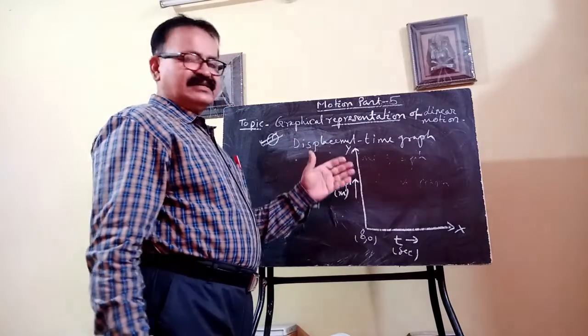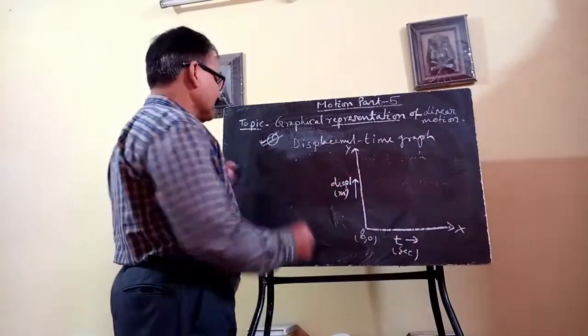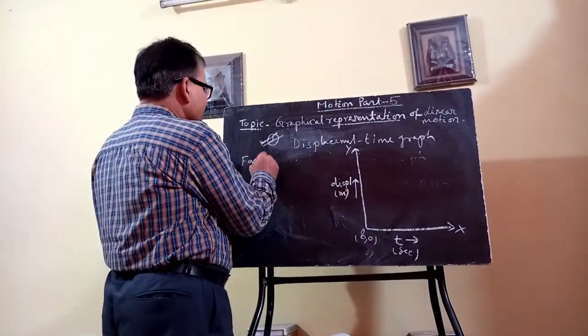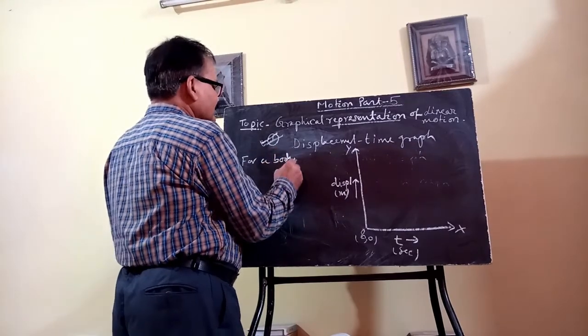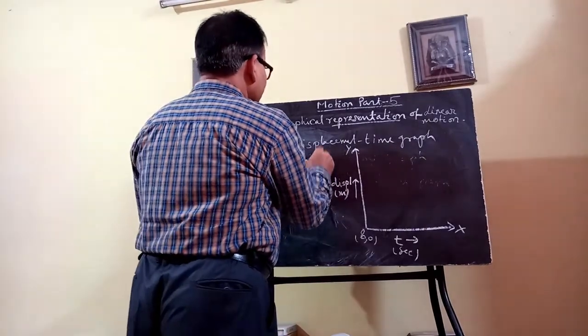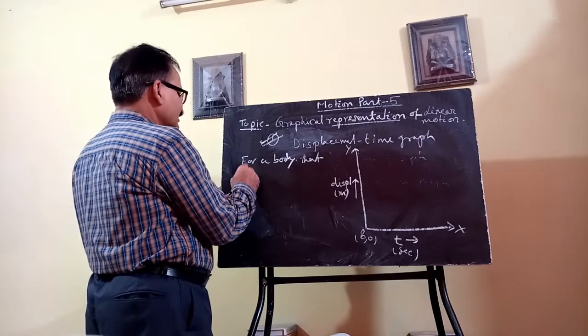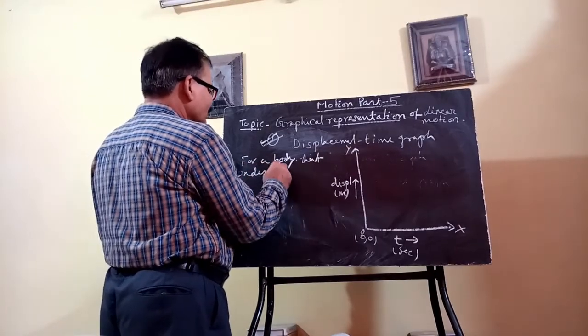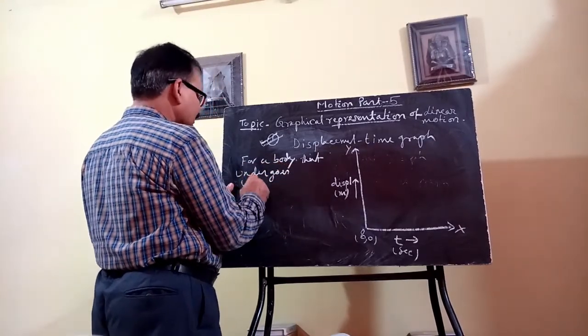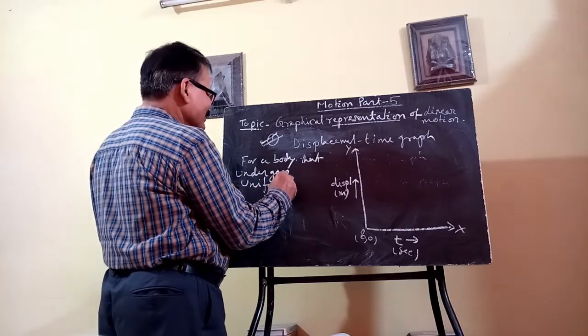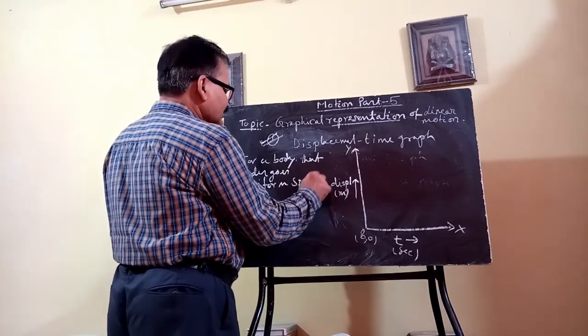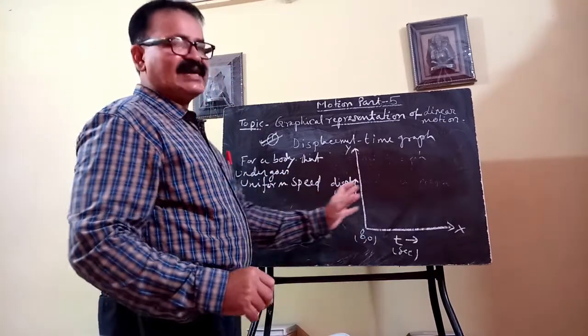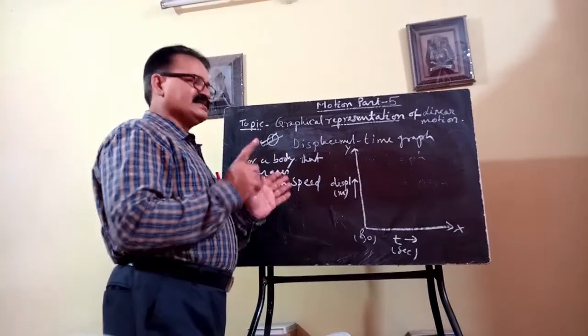Clear? So in this displacement time graph for a linear motion, if the body undergoes uniform speed, here the displacement time graph will be a straight line.